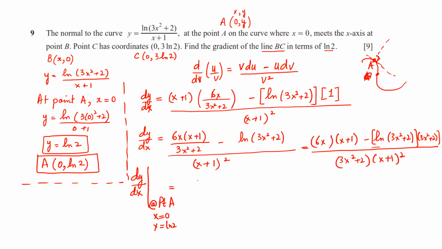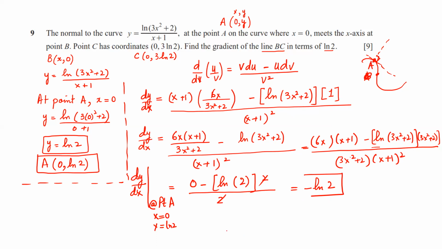If you put in the value, we are left with 0 minus natural log of 2 multiplied by 2 divided by 2. This 2 cancels, and we are left with minus ln of 2. This is the derivative at this point A.